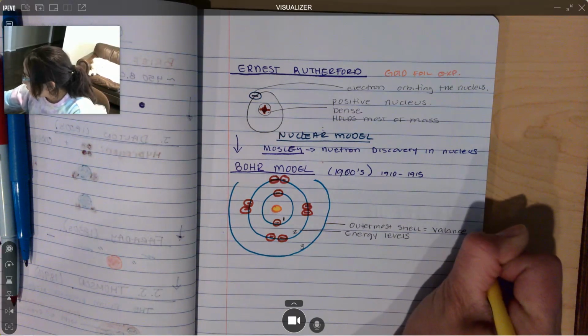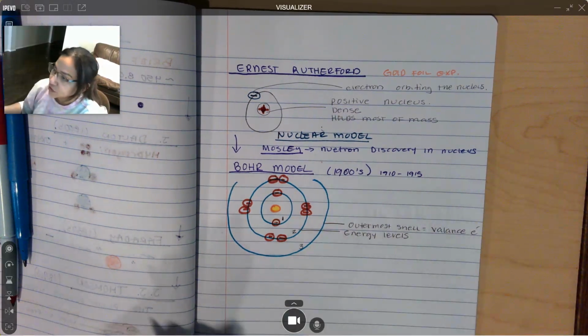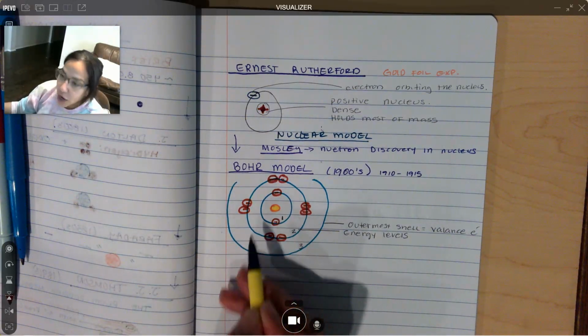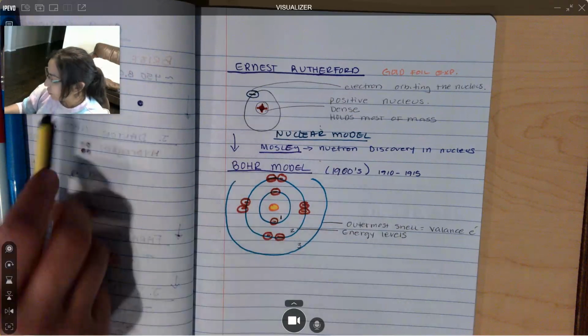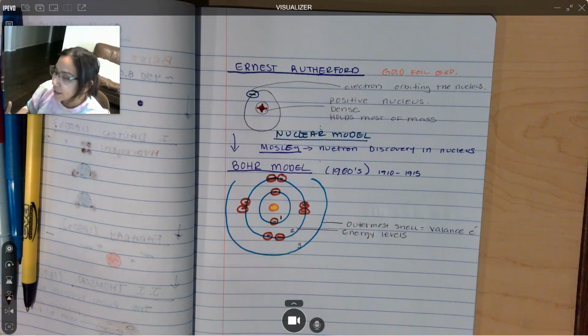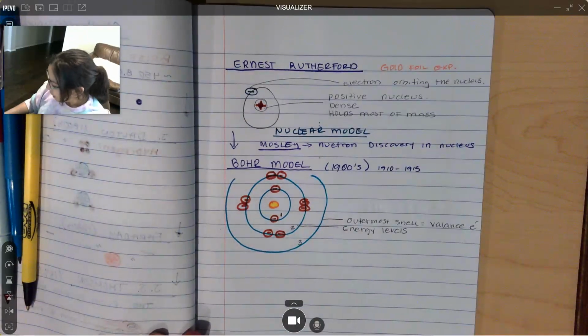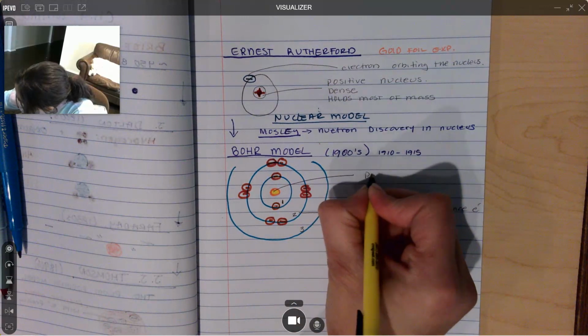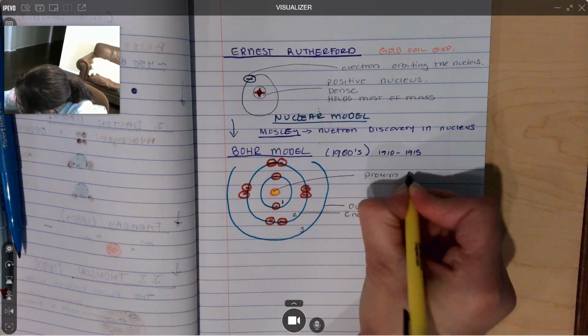And it carries the valence electrons, and those electrons are the ones responsible for bonding. Electrons in the inner shell are not responsible for bonding. However, they do play a big role when it comes to our electricity, which is this chapter. Okay. All right, so there's our Bohr model, and in here, remember, we have the protons plus neutrons.